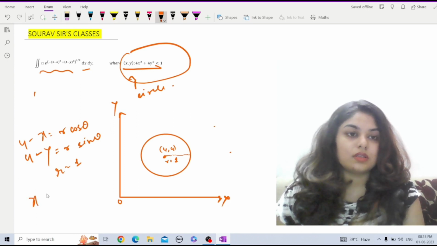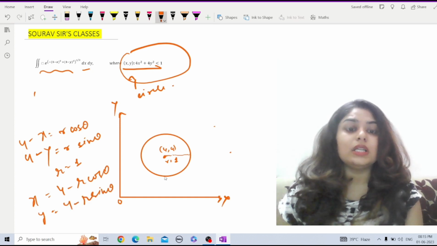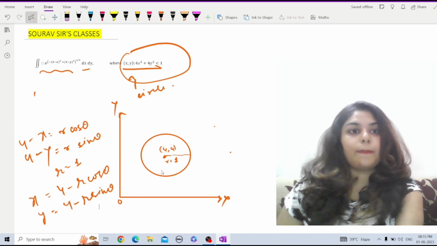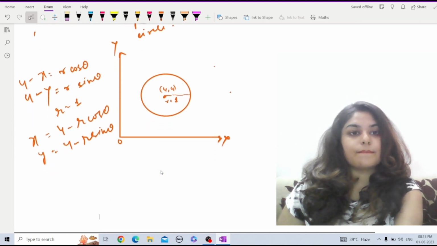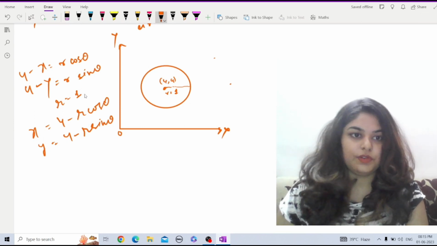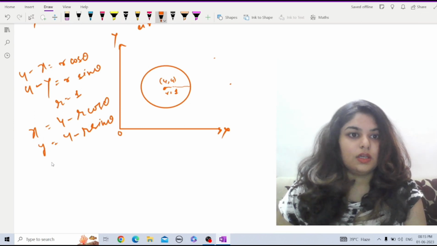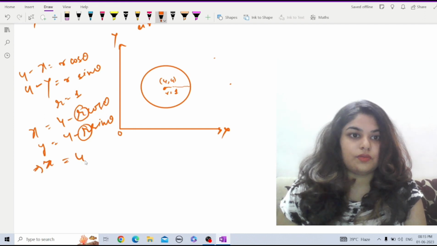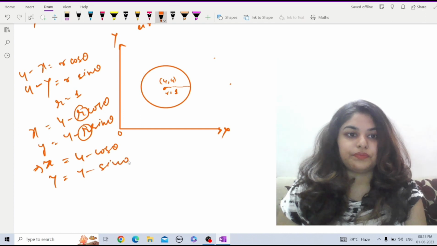That means x equals 4 minus r cos theta and y equals 4 minus r sin theta. Now here, what we are going to do is the integral, right? Now r equals 1, so x equals 4 minus cos theta and y equals 4 minus sin theta.